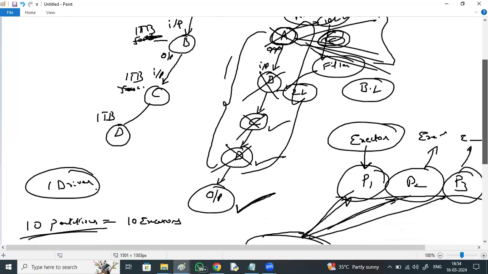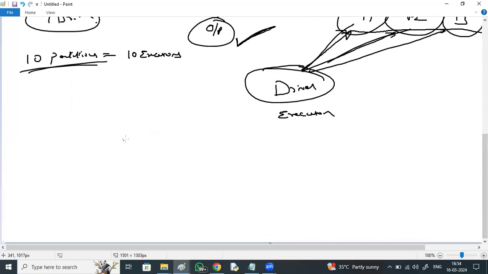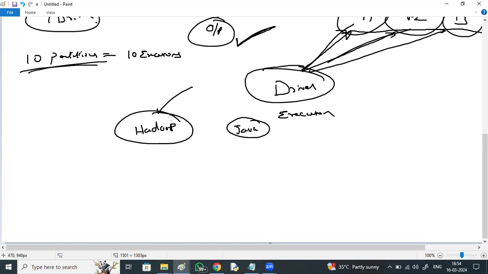See here, if you go back 10 to 12 years, to 2011, 12, in the initial days when Hadoop was introduced, frankly speaking, only the people who knew Java used to learn Hadoop.